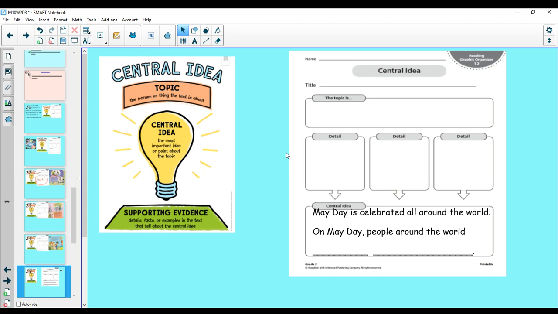I'm going to go back to that pretend Golden Doodle book. If I was reading about Golden Doodles, the topic is Golden Doodles, and I had my 3 details. Detail 1, Golden Doodles need to run and play a lot because they have a lot of energy.